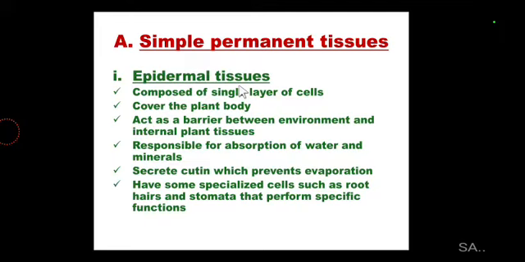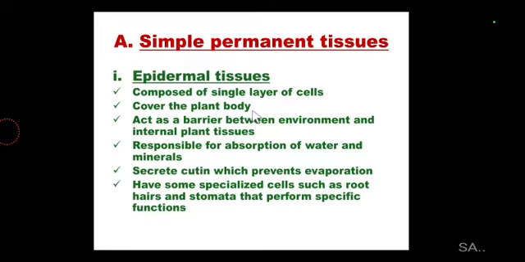First, I am starting with the epidermal tissues, which is one of the simple permanent tissues. It means this tissue is made up of only one type of cells, so epidermal cells are making it up. It is composed of a single layer of cells, and it covers the whole plant body, like your skin covers your whole body.